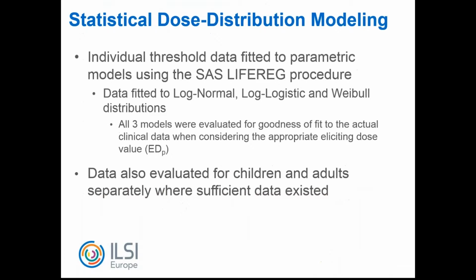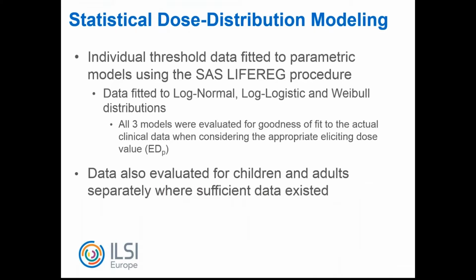So we did utilize statistical dose distribution modeling that allowed us to look at various parametric models for looking at the population distribution overall. And the three common ones we used were log normal, log logistic, and Weibull distributions.